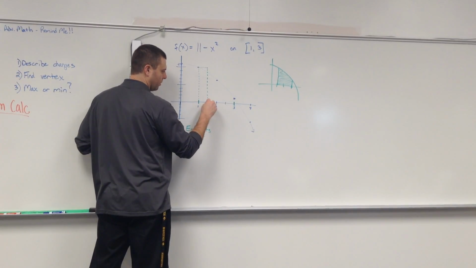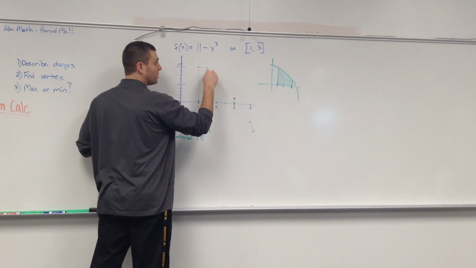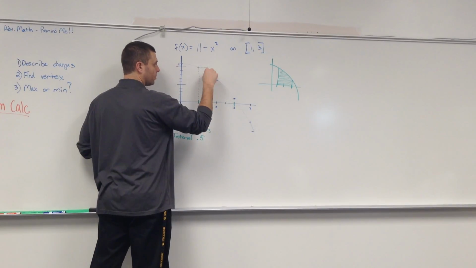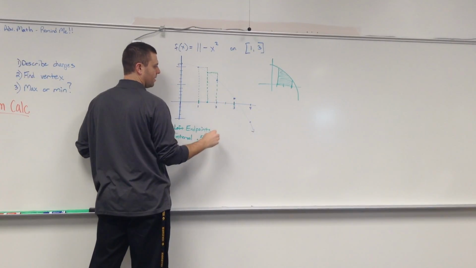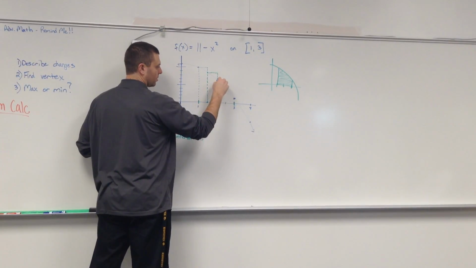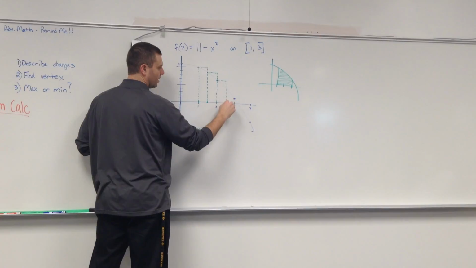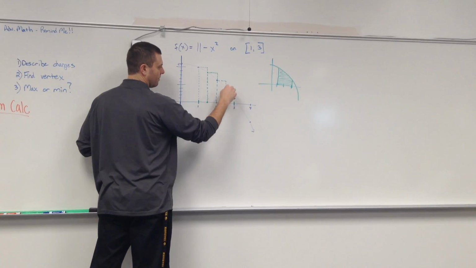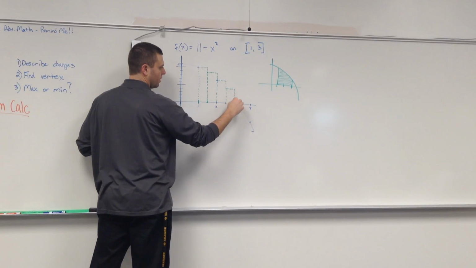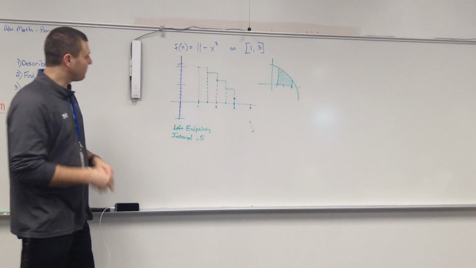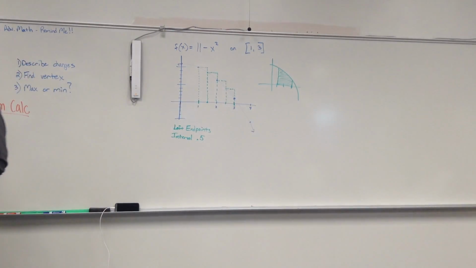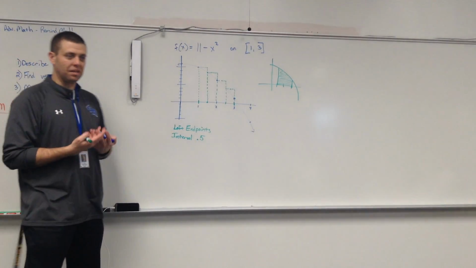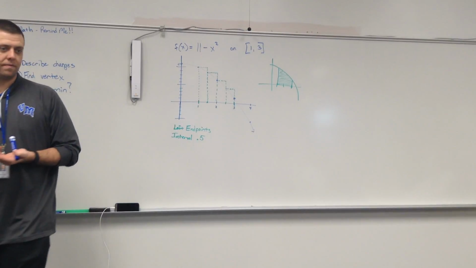I'm going to start at 1.5, go up until I hit the blue graph, then go over and down. Then at 2, I'm going to go up to the graph, over and down. And then at 2.5, I'm going to go up to the graph, over and down. I'm going to find the area of those 4 rectangles, and that will be my estimated area under the curve.